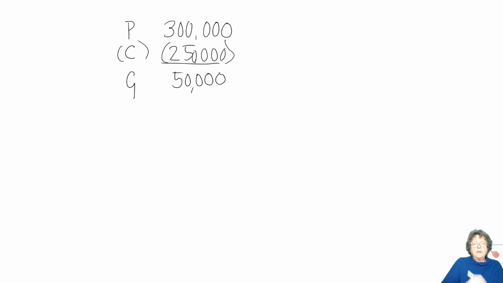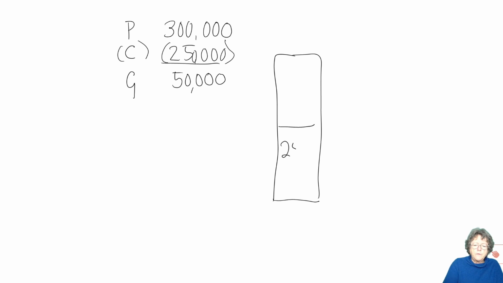So if we do nothing, he will pay tax on that business asset. But what he's going to do is roll it over. So it cost him 250,000, and he sold it, the proceeds were 300,000, and he made a gain of 50,000.